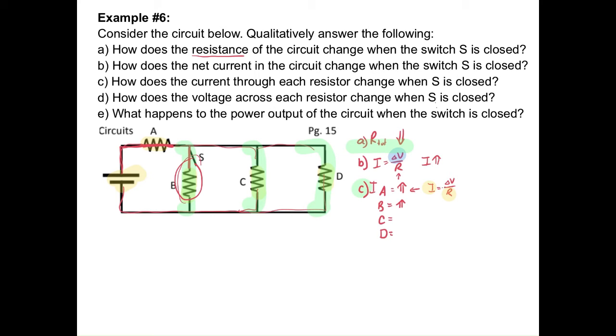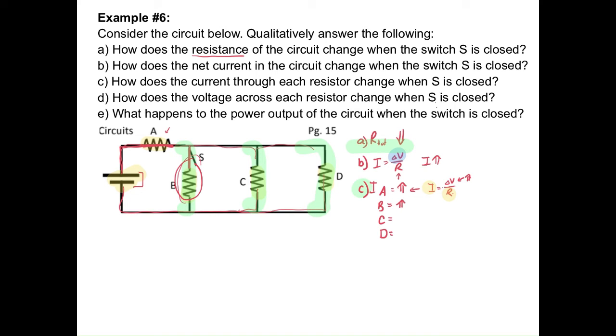So if I went up and R stayed the same, then the result must be that V went up. Because if R is not changing, the only way that the current can go up is if the potential difference goes up, which means that more of it is going to be lost over A.